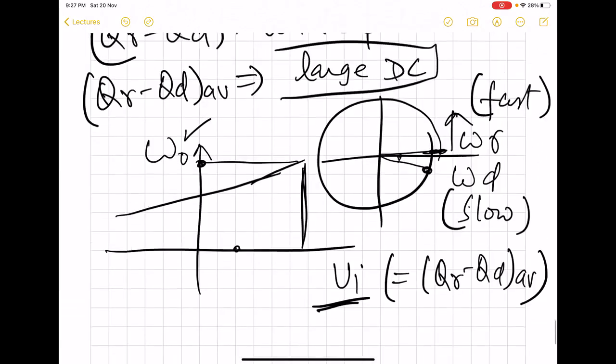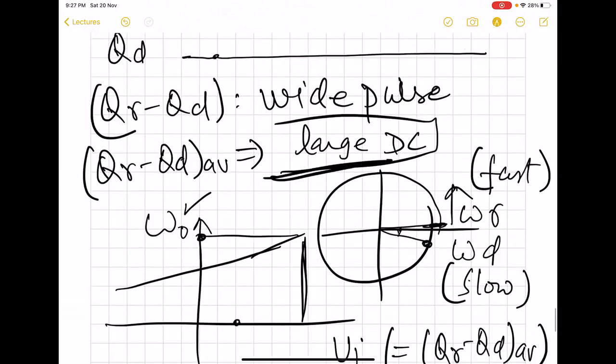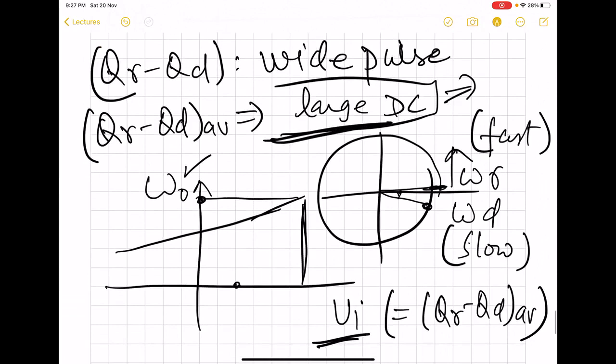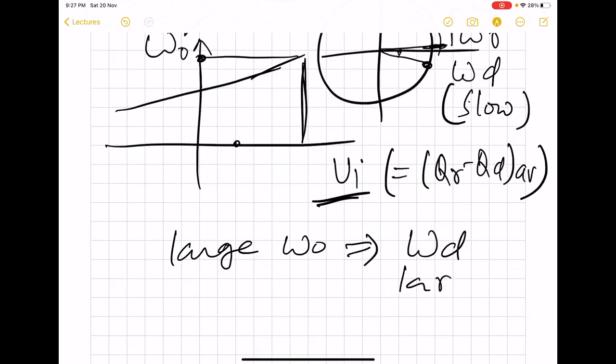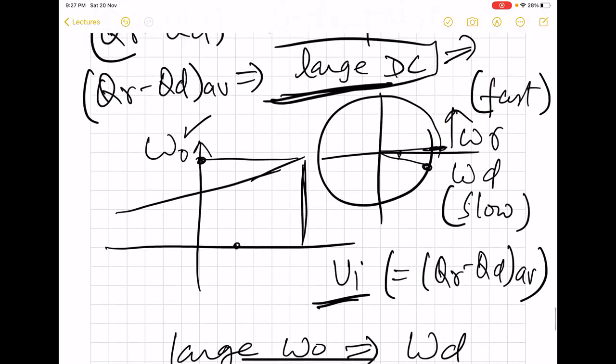So we see that this large DC implies a large omega naught. So this will imply a large omega D, because this is obtained by dividing this omega naught by the factor n. So when this omega D increases by a large amount, it will be able to minimize this phase error, because keep in mind that omega r is rotating at a very high speed.